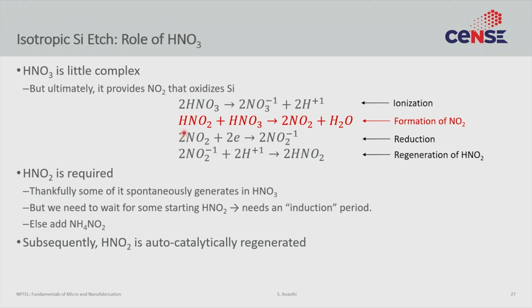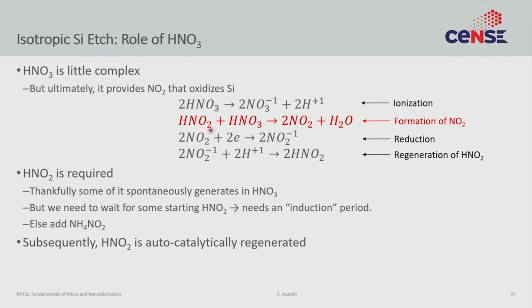So let's assume there is a little bit of HNO2 in the system. Once again, you can question where is this HNO2 coming from, but for now let's just assume there is some HNO2 in the HNO3. Maybe it's an impurity, just for argument's sake. So that impurity HNO2 will react with the HNO3, forming two NO2 molecules and water.